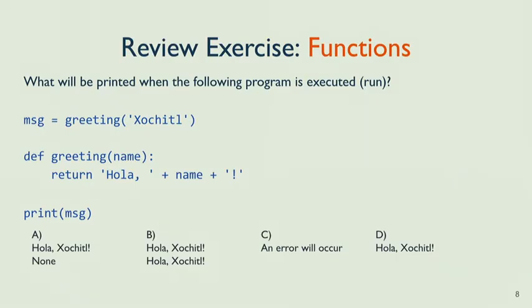So what should be the answer here? Yeah? Won't an error occur? Would an error occur? Because in base Python, there's no function for greeting. Right, so in Python, there is no built-in function called greeting. We have to make it ourselves, right?